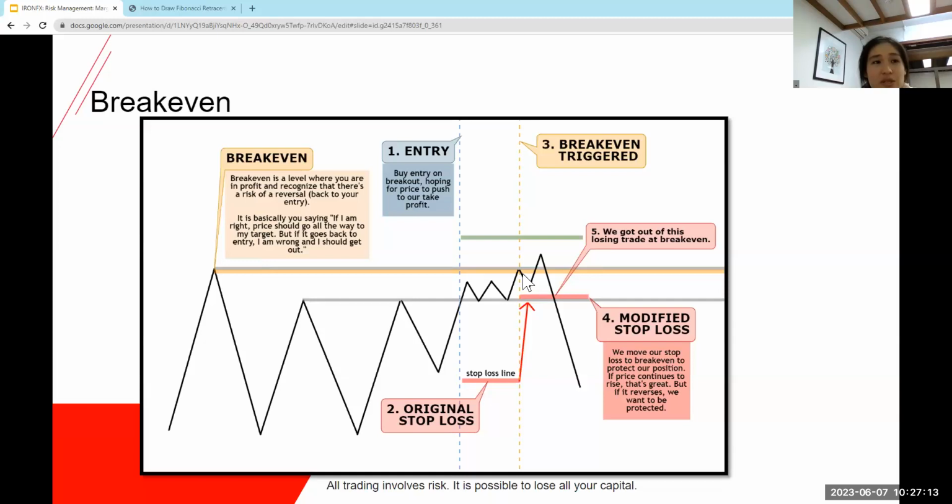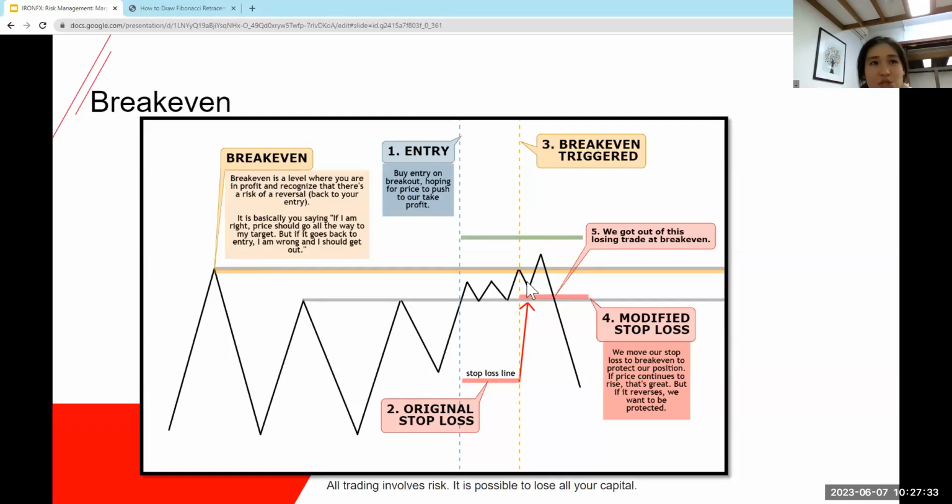And it's at this point that we say, okay, I think I'm wrong, or I could be right, but if I'm right, price will go all the way to the take profit. But I could be wrong since it reversed, and I should get out of the trade.